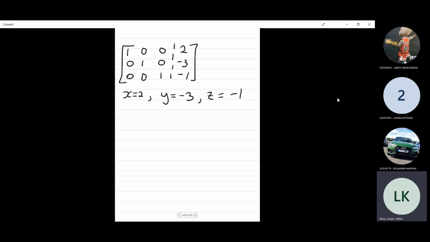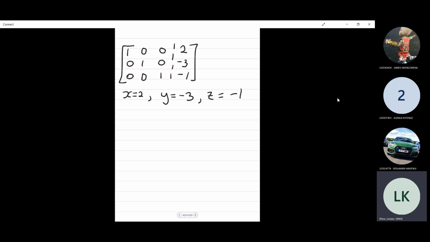Sometimes you will have fewer equations than variables, or you may have more equations than variables. And in each of those situations, we will look at what we need to do.